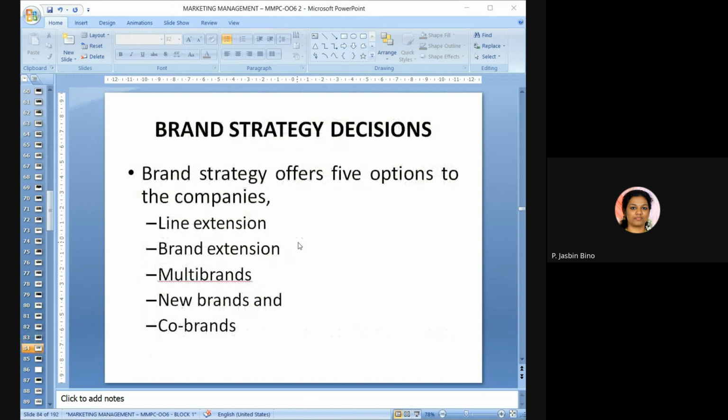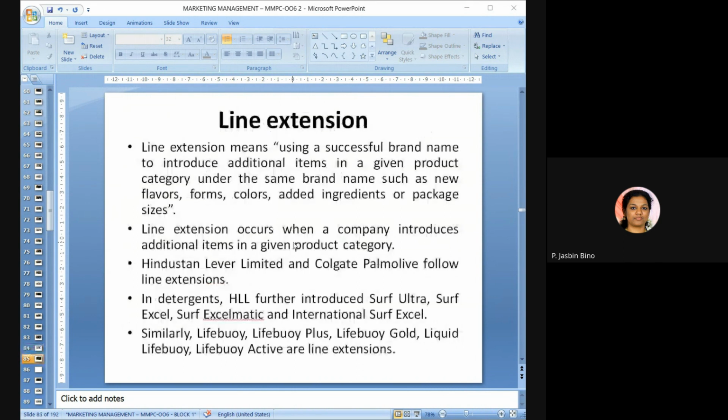The next one is brand strategy decisions. It has 5 options: line extension, brand extension, multi-brands, new brands, and co-brands. Line extension means using the successful brand name to introduce additional items in the given product category under the same brand name, such as new flavors.